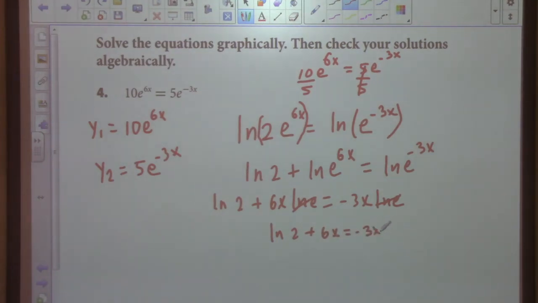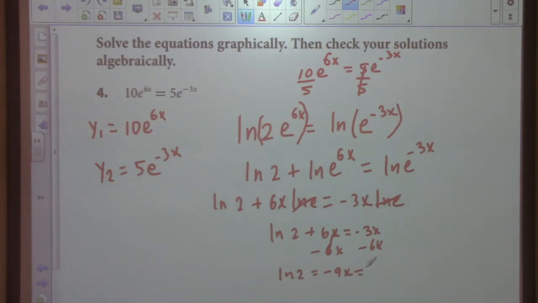What next? You probably just subtract 6x, so it could just be on one side. So what I have here is ln of 2 equals negative 9x.